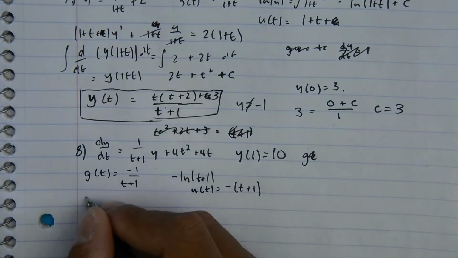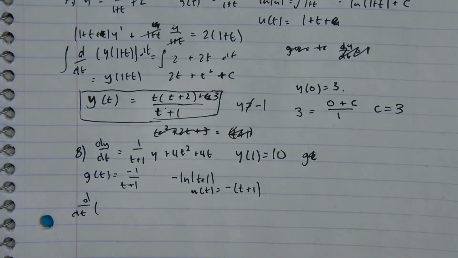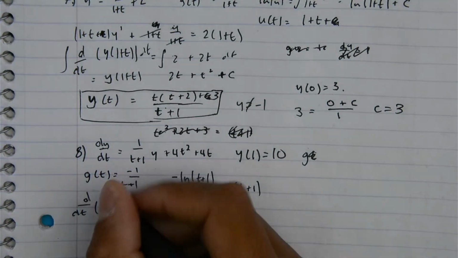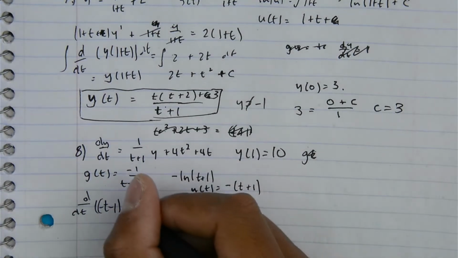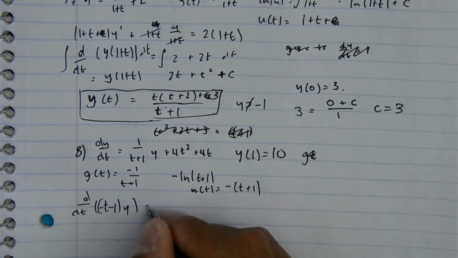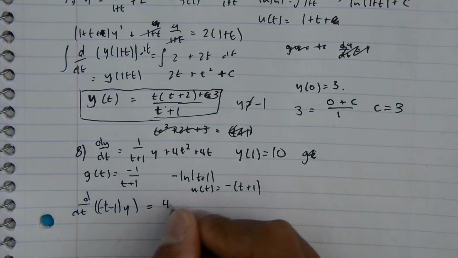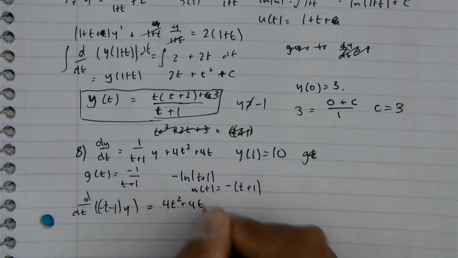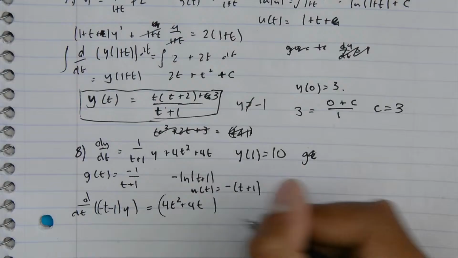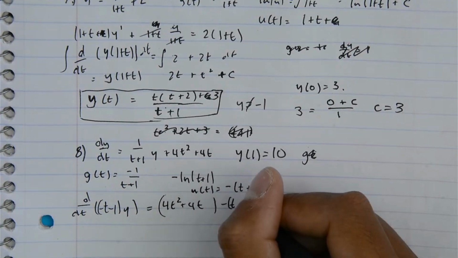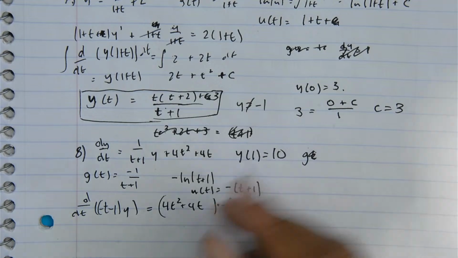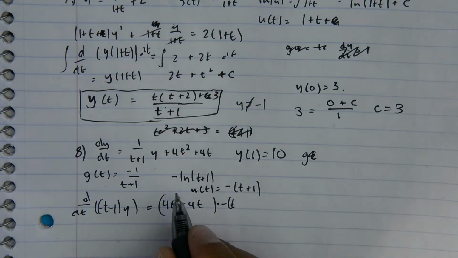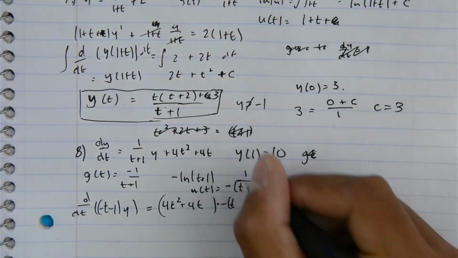So then we get d/dt of y over (t plus 1) is equal to 4t squared plus 4t... Wait, no, this is 1 over.